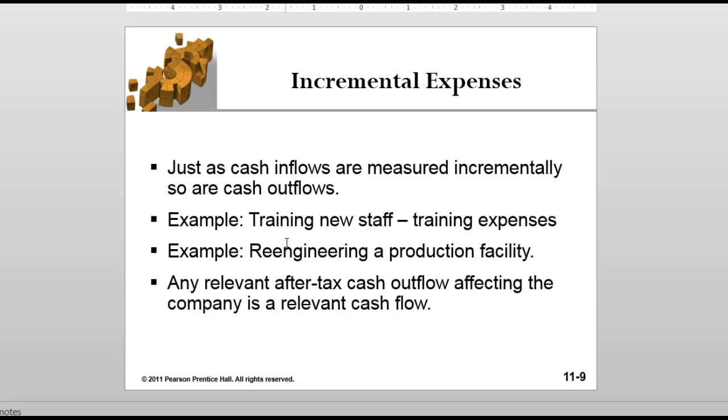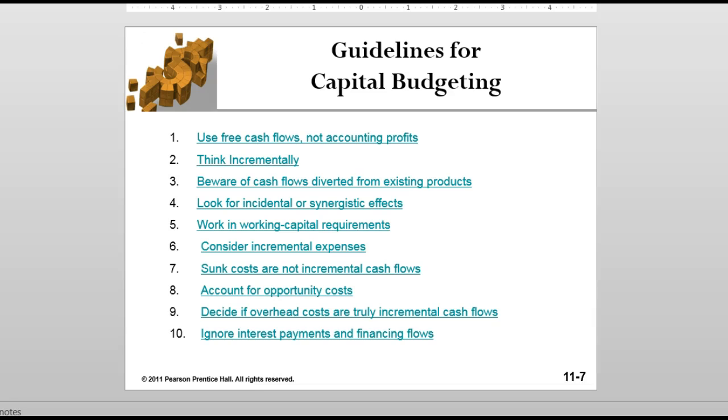Those are outflows. So those have got to be taken into consideration and counted against the cash flow that increases the net income. So be aware of that, and that should be looked at in an after-tax state.